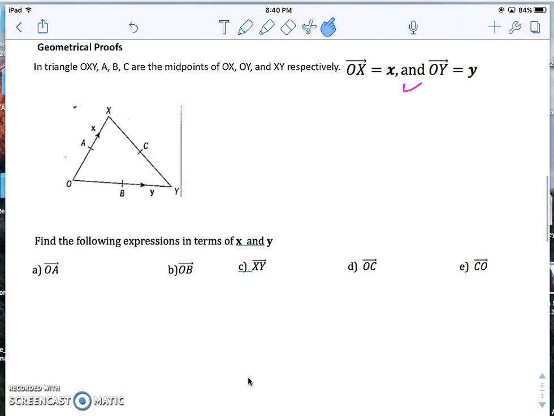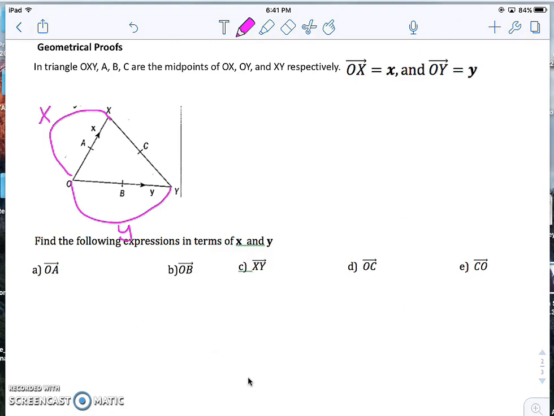And on this second page here, let's see what we can find. O to X is X, and it says here A, B, and C are the midpoints. So this whole thing is X. I'm just going to rewrite that out here. That's vector X. O to Y, that's Y. Now we have to find these in terms of X and Y. O to A, well, it's half of that.